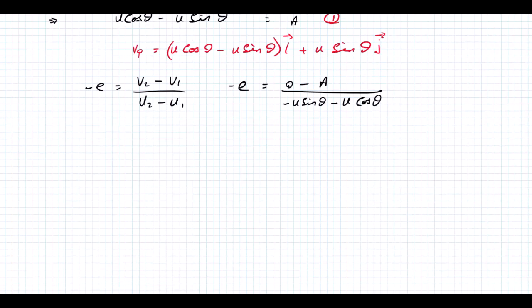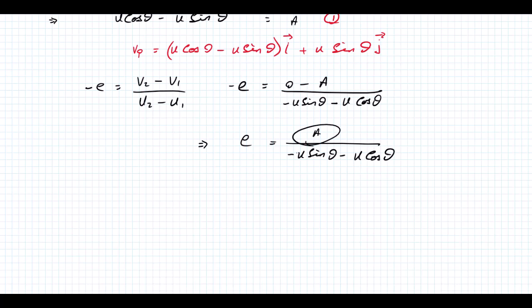If we simplify this, multiplying both sides by minus 1, we get e equal to a over minus u sine theta minus u cosine theta.